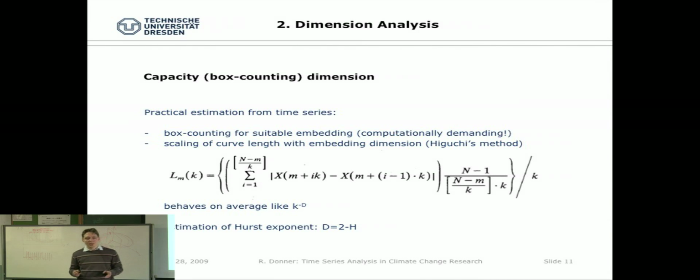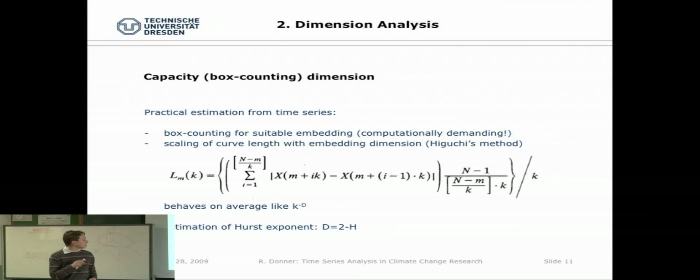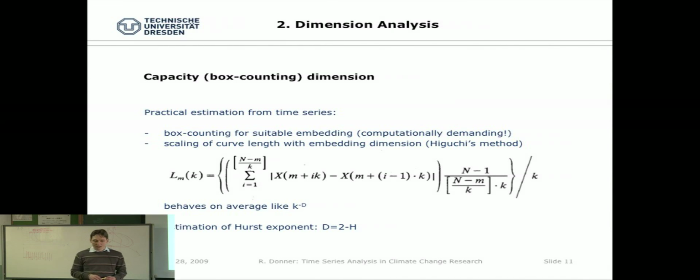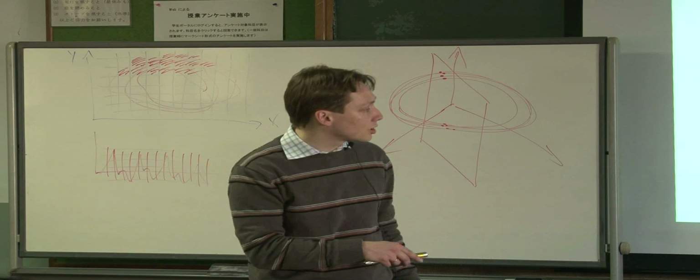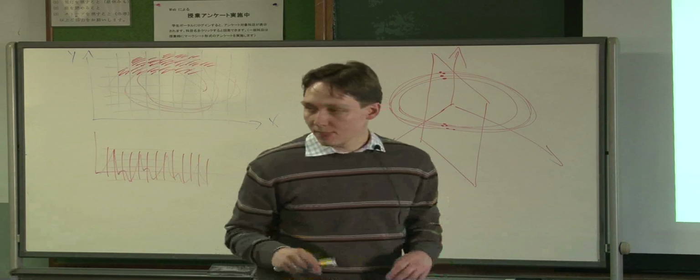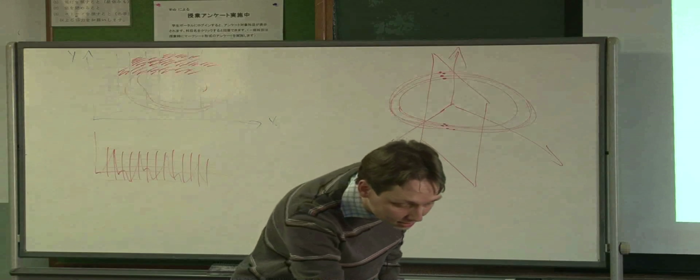And there's a very simple relation between the Hurst exponent and the fractal dimension in this capacity sense. That is, the fractal dimension is just 2 minus the Hurst exponent. It's not a real universal relation, but it holds for most practical purposes, in fact.